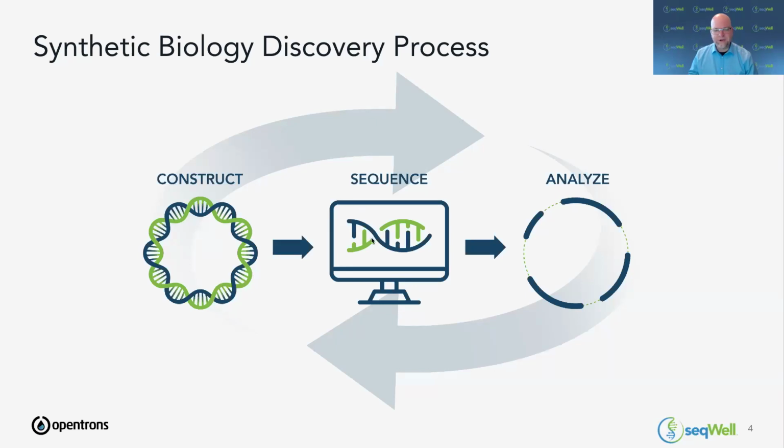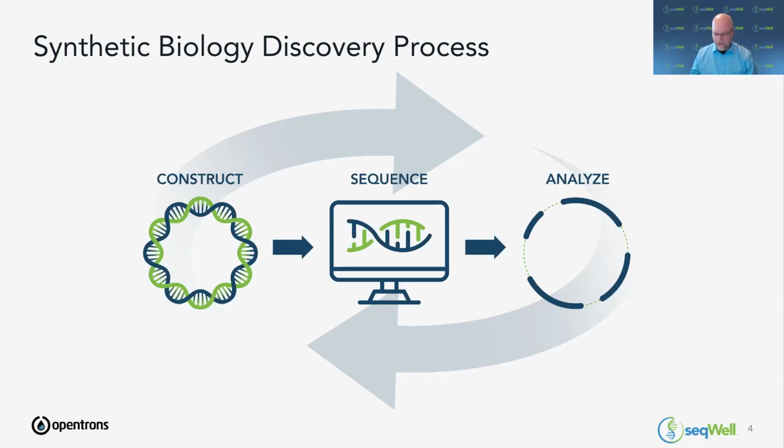And you want to be able to sequence that quickly and analyze that information, and then just continue to turn that around as much as possible, such that you are looking at your constructs and doing a lot of those as quickly as you can and as many as you can, so that you can get to the data at the end.